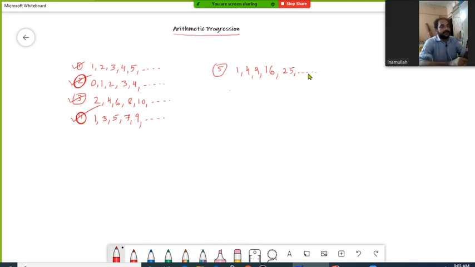Even this set of numbers has a specific pattern. Each term in this series is a perfect square of a natural number. This 1 is the square of 1, this 4 is the square of 2, this is the square of 3, this is the square of 4, this is the square of 5. So this is a pattern.